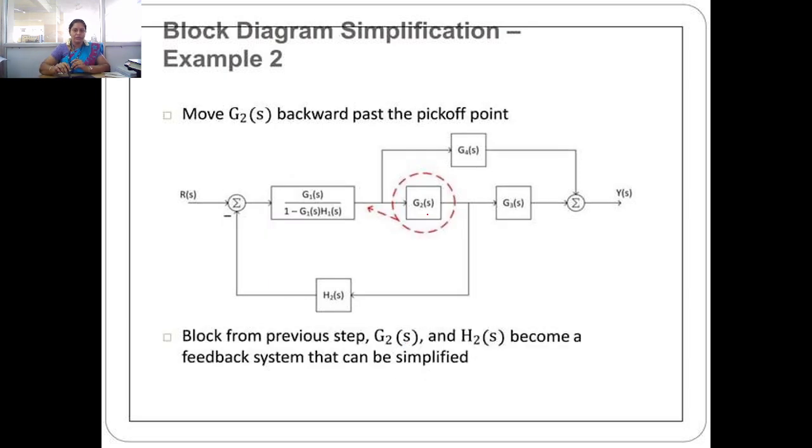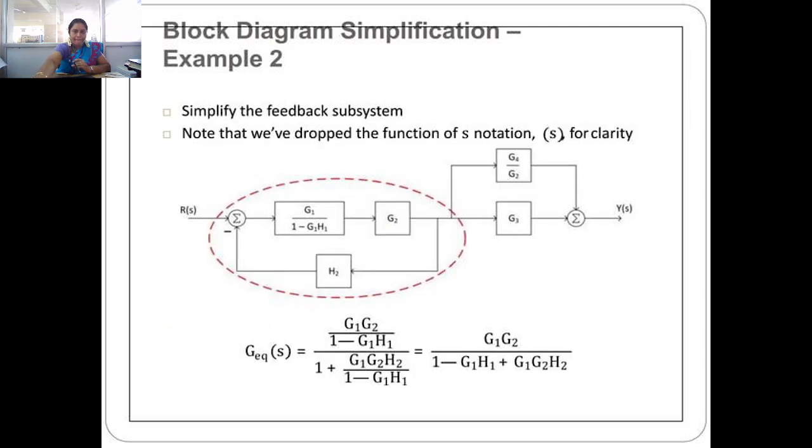And next one, moving this point to the left side. Again, this is your cascade connection, you have to multiply. Again, it is a forward path and loop, that is your negative feedback loop. This value is G1 G2 divided by 1 minus G1 H1 plus G1 G2 H2.